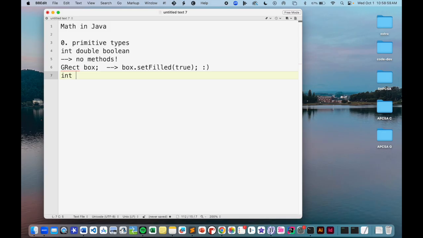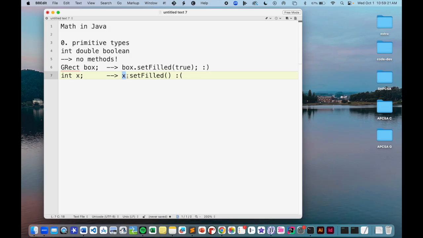Let's say I have int x. Can I do x dot anything, like x.setFilled, or x.setNumber, or x.add, or anything like that? No, because x is a primitive type, which means that you can't do dot anything with a primitive type.